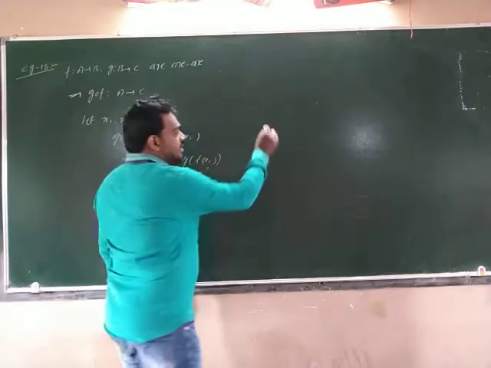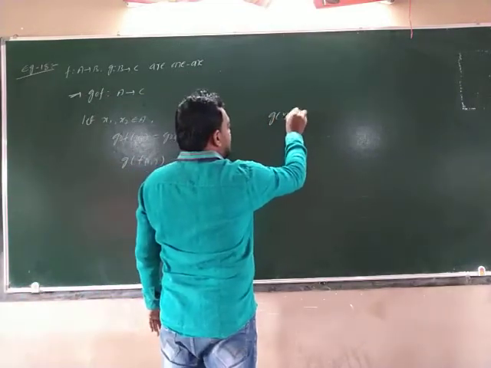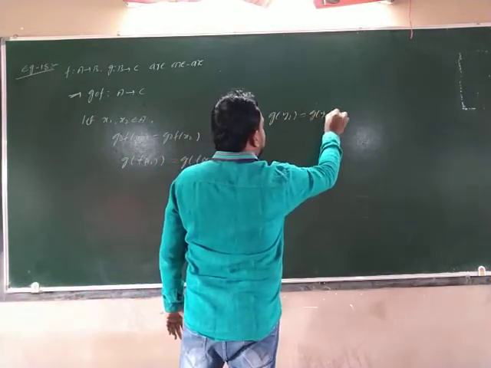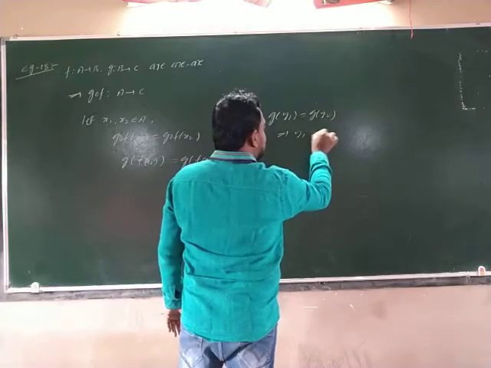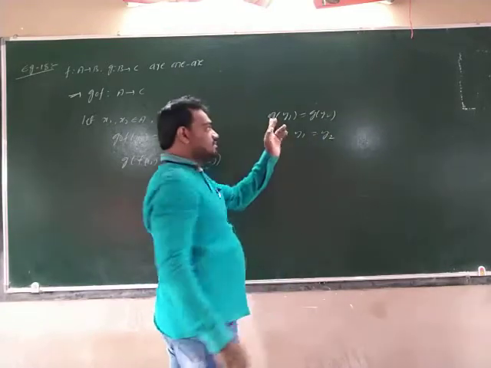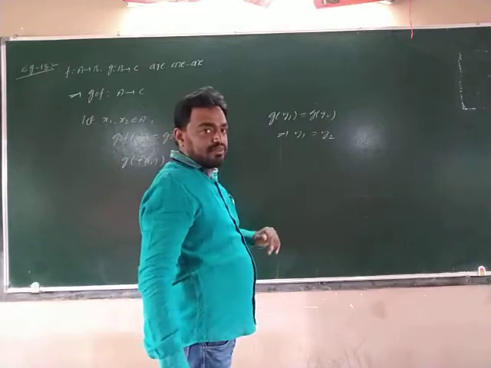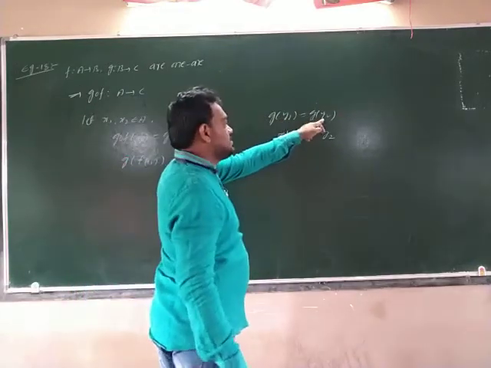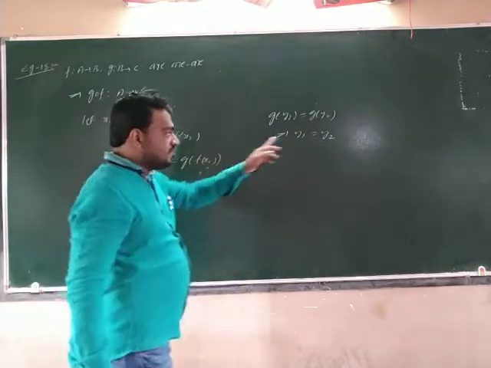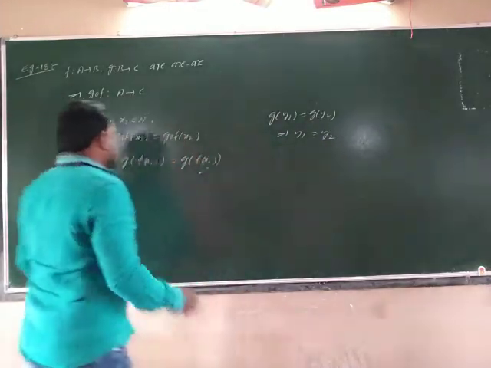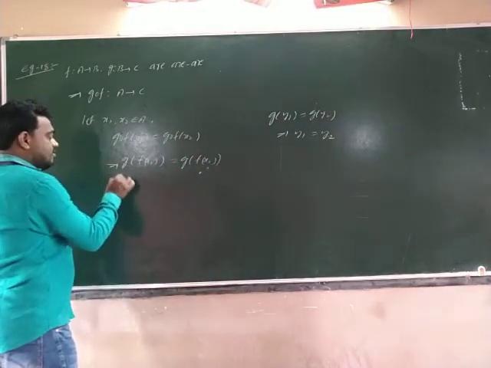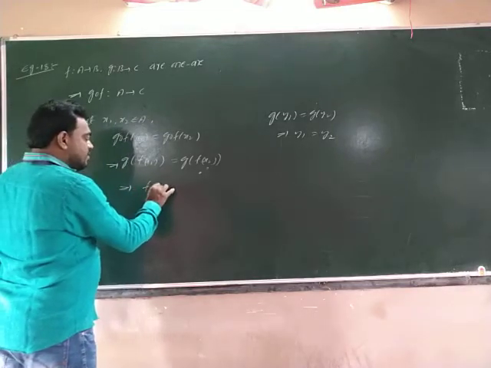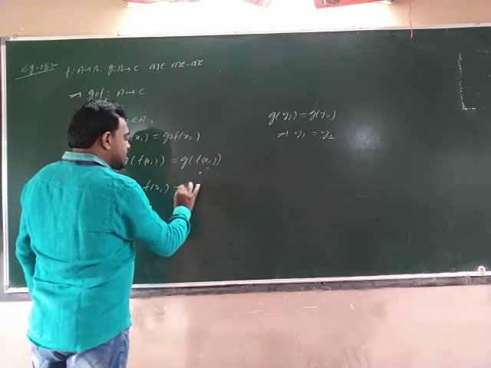G is one-one means, for example, g of y1 equals g of y2 implies y1 equals y2, because g is one-one. This is the definition of one-one. The same way, in place of y1 is f of x1, in place of y2 is f of x2. So y1 equal to y2 means we are getting f of x1 is equal to f of x2.